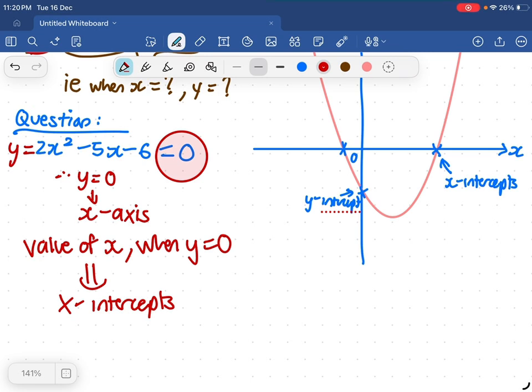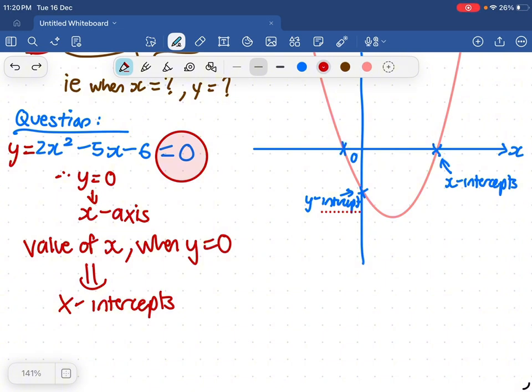It is when the graph cuts with the x-axis. Usually, there will be no points of intersection. There will be only one point of intersection, which is usually here at the turning point of the graph. Or there can be 2 points of intersection, which is usually the case in all your questions.